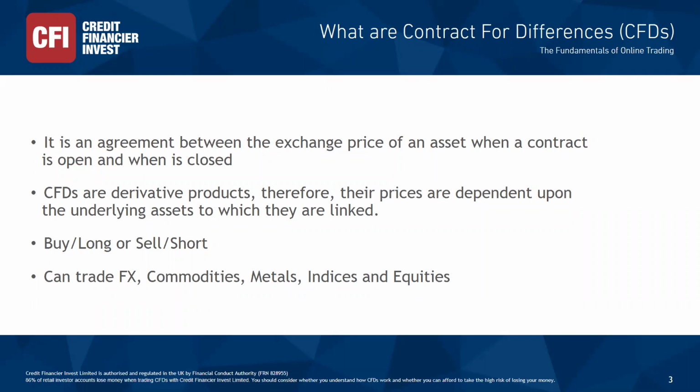When you trade CFDs, you're not going to receive any sort of certificate, for example, as in the case when you trade in the cash market. Here with CFDs, you are simply trading the price, okay? So let's say, for example, that you believe the price of gold will go up in the next couple of minutes.